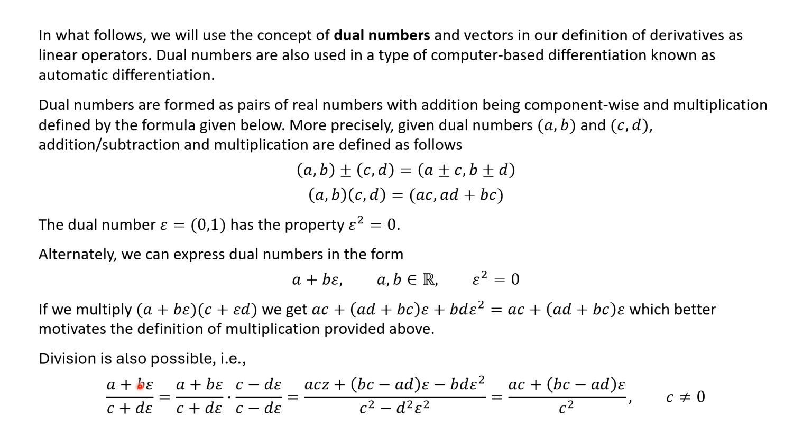So (a, b) divided by (c, d): multiply top and bottom by c minus d epsilon. Again, this is reminiscent of how you would divide complex numbers. Multiply the bottom out, and you get this here. Multiply the top, it's basically what we did up here. Get this here.